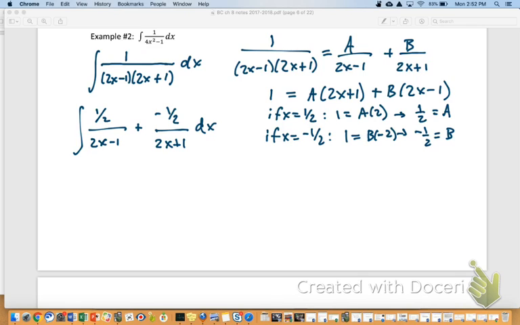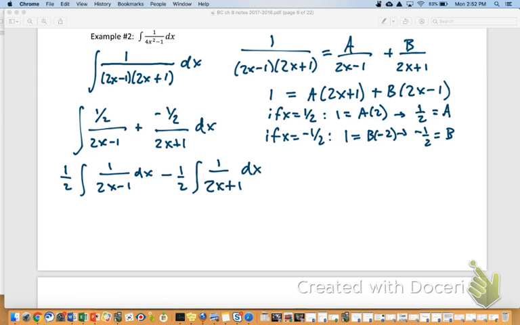So then I rewrite the whole thing as the sum of two different antiderivatives: 1/2 integral of 1 over 2x minus 1 dx minus 1/2 integral of 1 over 2x plus 1 dx.